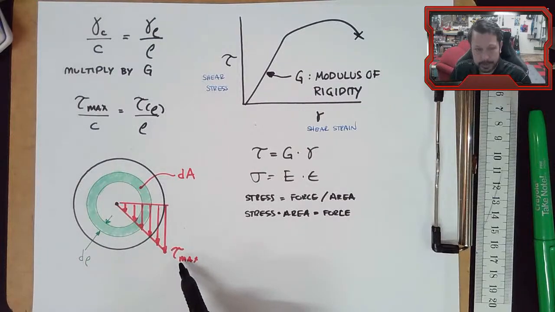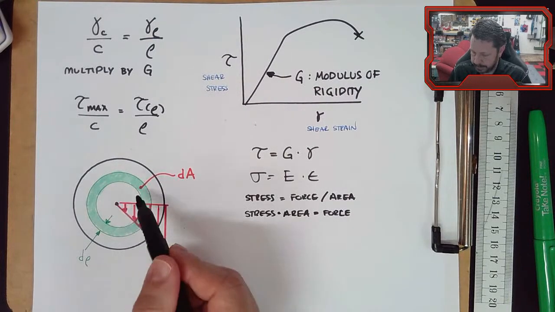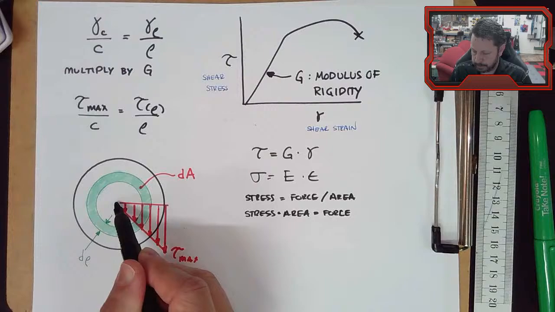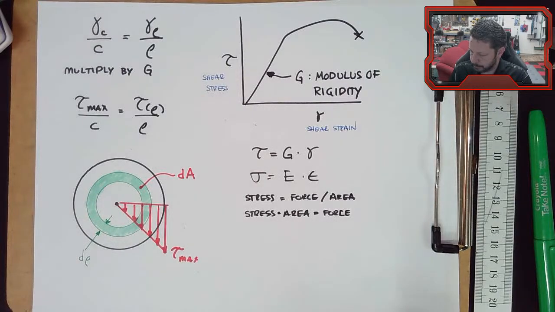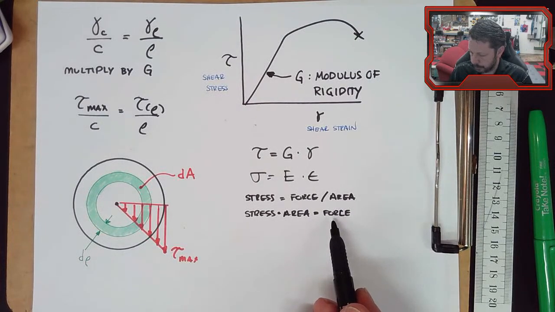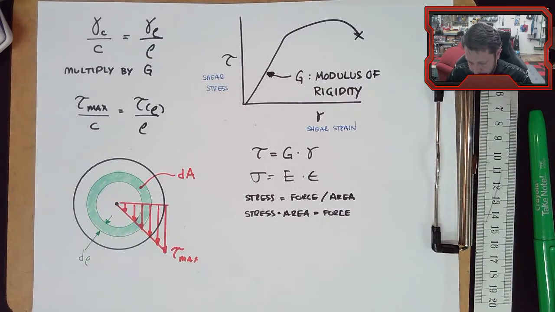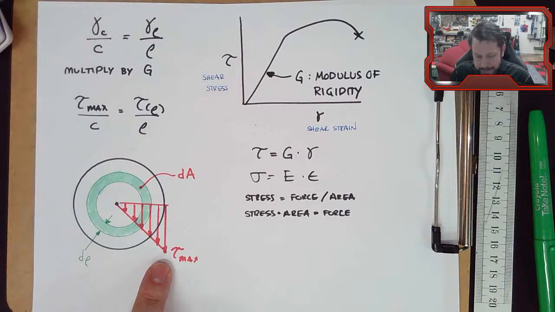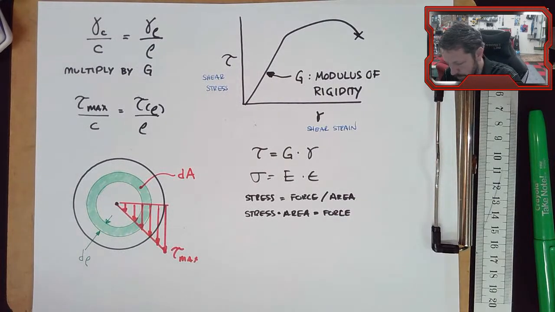And I have stress right here, and I have an area that I'm integrating from the center outwards. So if I multiply tau max times dA, that will give me force.